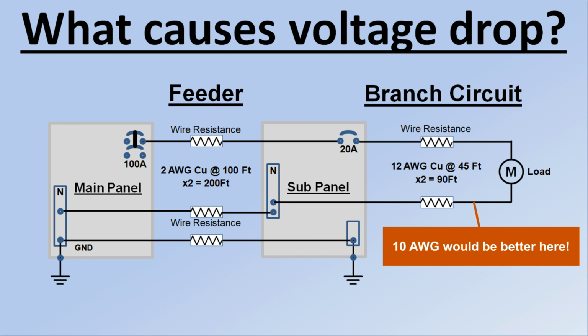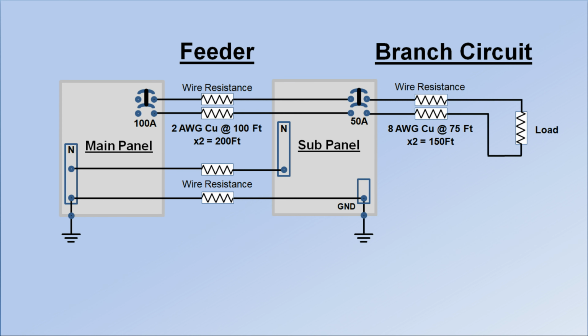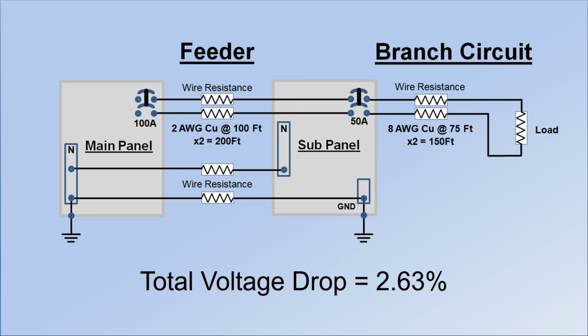And it's not just efficiency, it's also the way the system operates. Suppose you're out in an outbuilding that's far away from your main panel in your house, and you have a shop out there. You might fire up a big table saw and have your lights flickering because you didn't size your conductors properly.